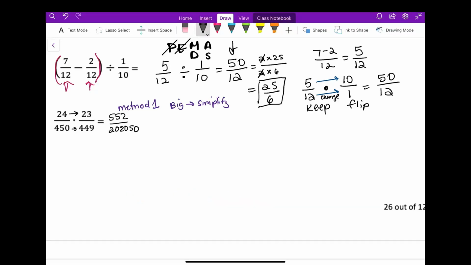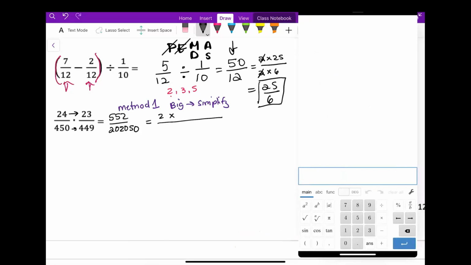Let's get ready to simplify. And like I've encouraged you, let's use the numbers 2, 3, 5. Is 552 divisible by 2? Is it even? Yes, it is. So I know I can do 2 times. My numbers are quite big, so maybe I can't do that in my head. So what I do is take 552 divided by 2.